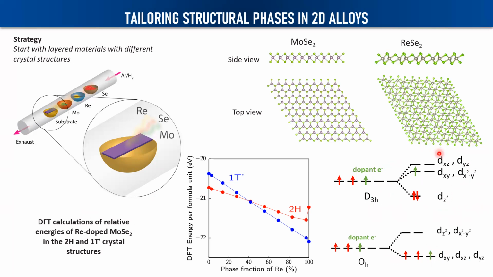Because of this, the final product here has a higher energy when compared to the octahedral configuration. So from this, we say that as we increase the concentration of rhenium, because this extra electron will always try to go to a lower energy state, there is going to be a transformation to the octahedral configuration or the 1T prime phase.